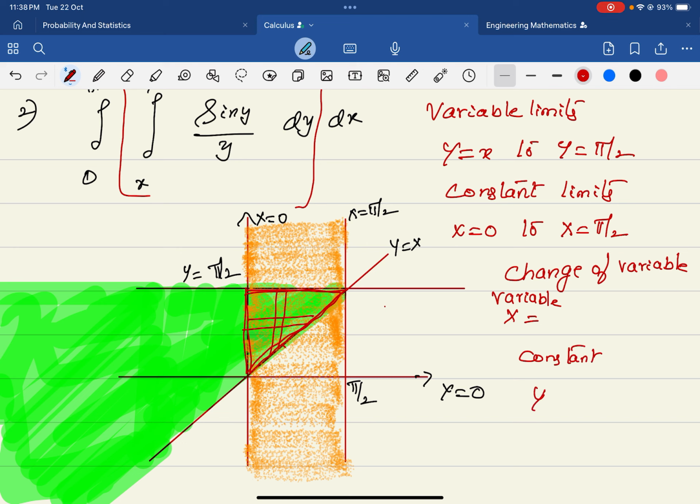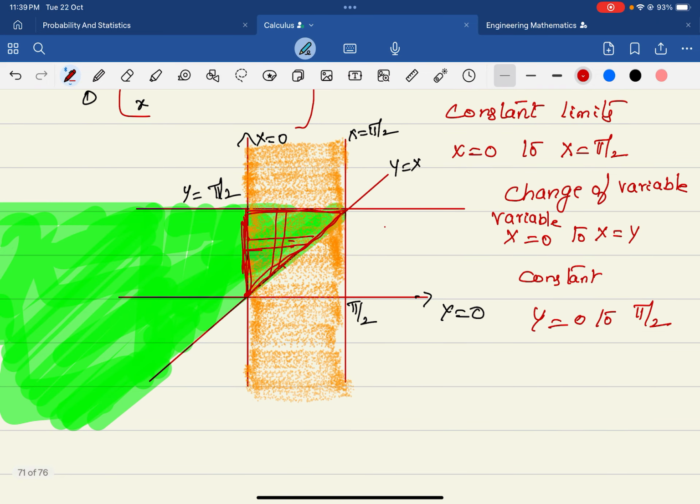Now when I want to express x in terms of y, x goes from left to right, correct? So for this region, I should go from left to right. My left boundary is x equal to 0, my right boundary is x is equal to y. And for the constant limits, I should go from y equal to 0 to y is equal to pi by 2. I hope you could understand. So these are the limits.